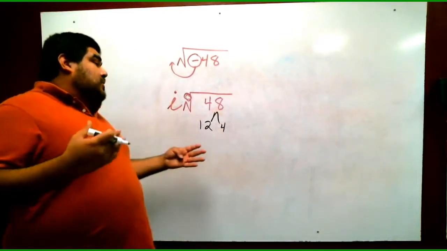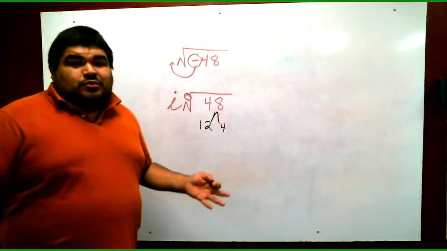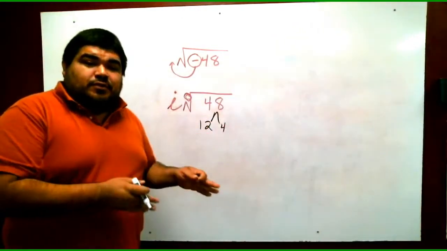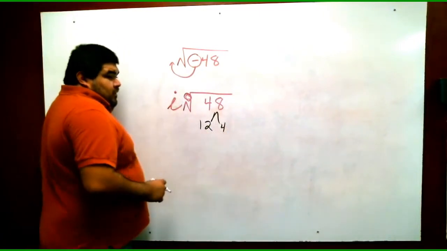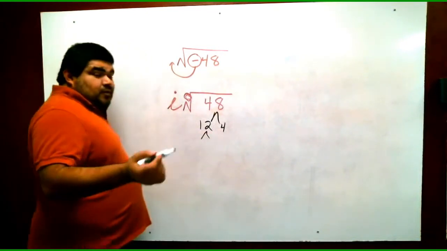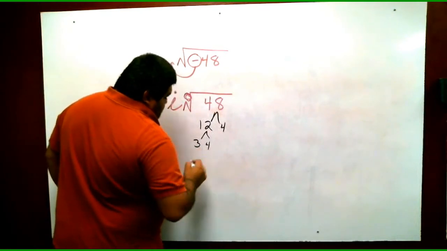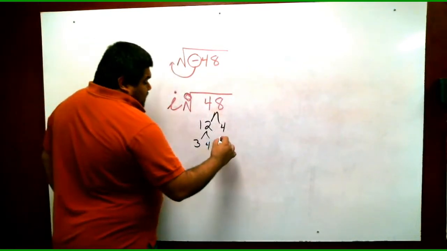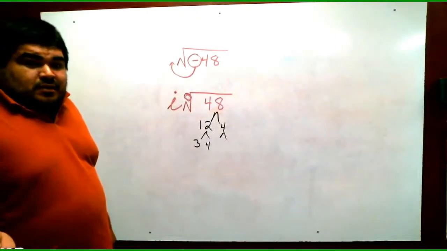I tried to break down as much as I could already. Okay, if you would have went with 2 and 24, then you had to break down 24 even further. Okay, I did 12 and 4. Again, 12 can be broken down even further, into a 2, a 3, and a 4. 4 can be broken down even further, right?